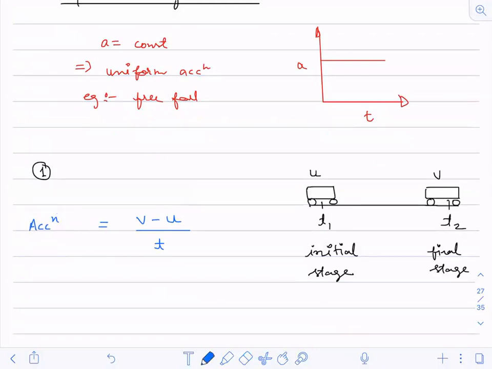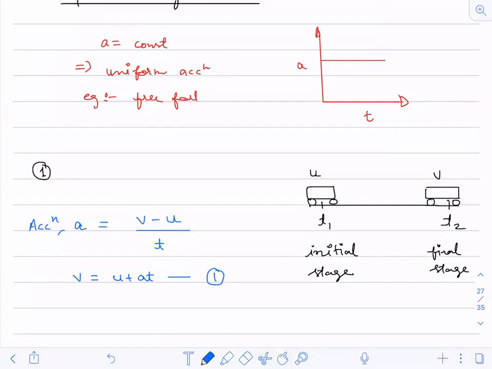Now, what will be the value of v from here? It will be u plus at. Yes, so this is my first equation of motion: v equals u plus at.